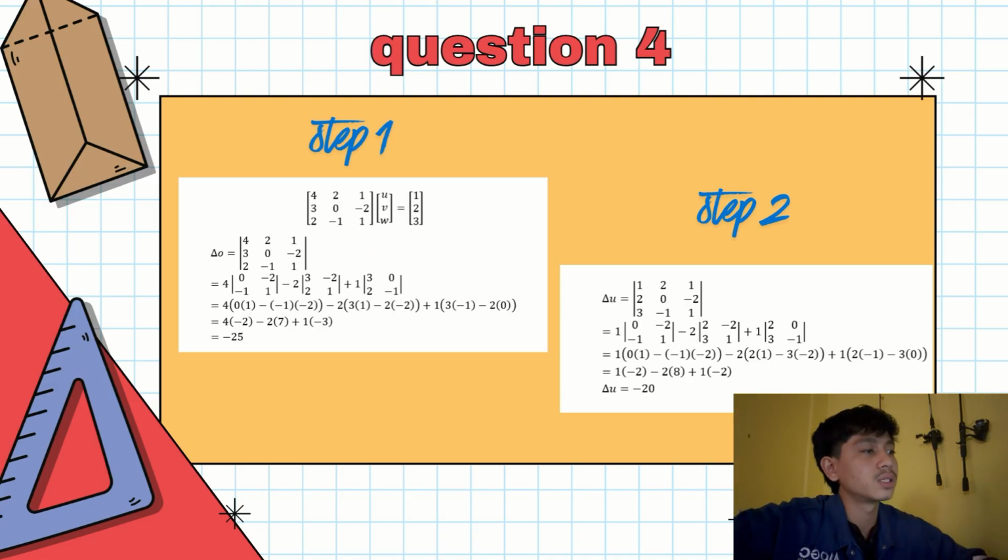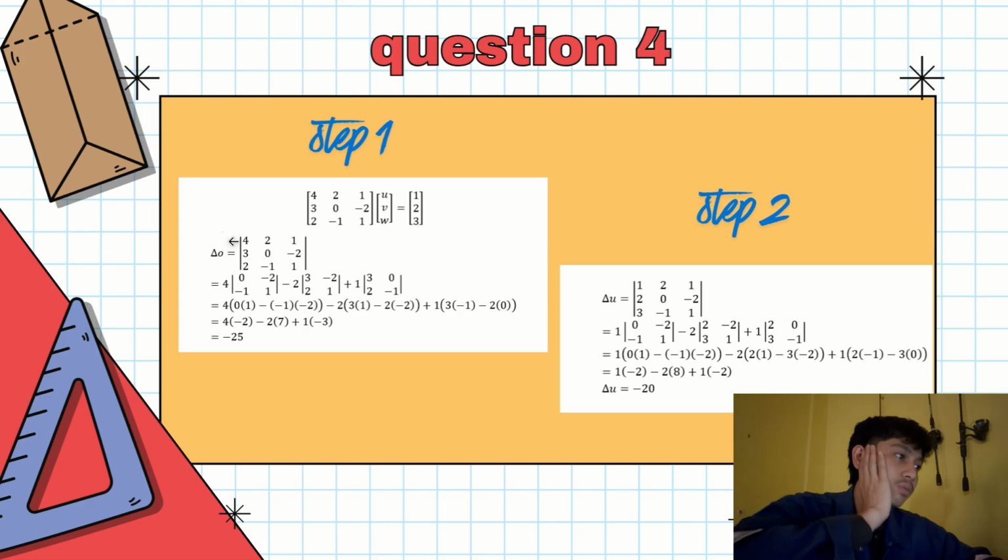2, negative 1 and 1 in the third row. Next, we calculate the determinant of this matrix to find delta 0. Using the determinant formula, we expand along the first row. 4 is multiplied by 0 times 1 minus negative 2 times negative 1.